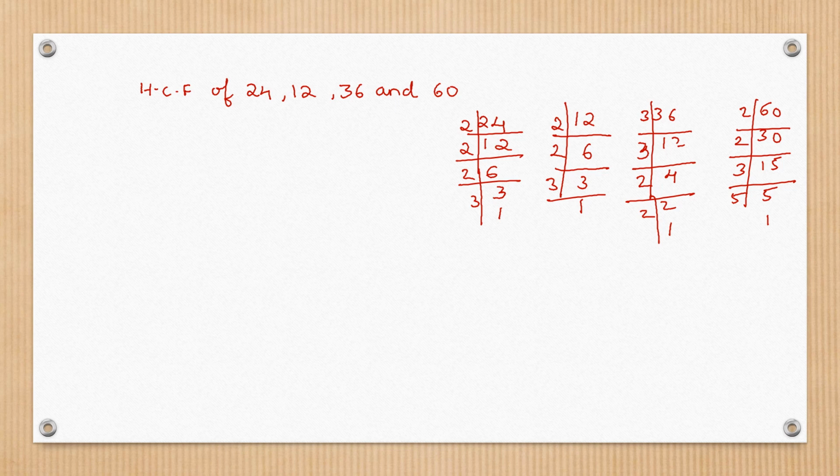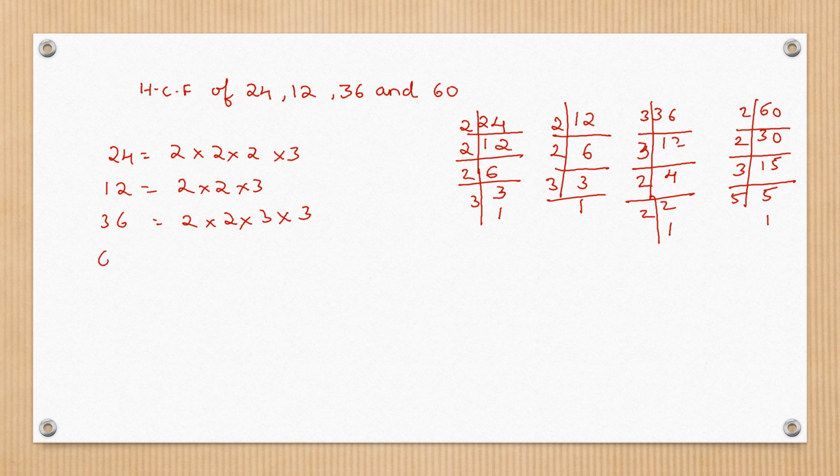So let's write the prime factors of 24: 2 into 2 into 2 into 3. Let's move to 12: 2 into 2 into 3. Let's move to 36: 2 into 2 into 3 into 3. Let's move to the number 60: 2 into 2 into 3 into 5.